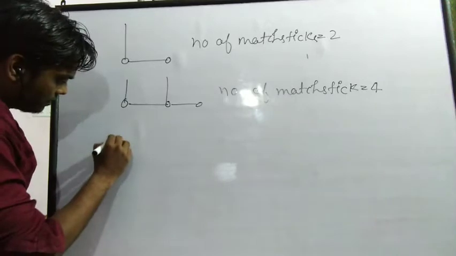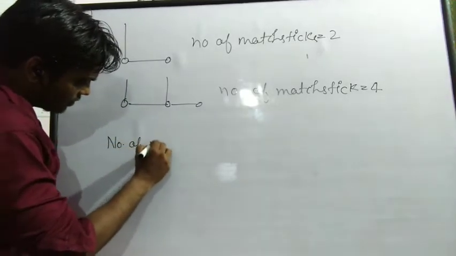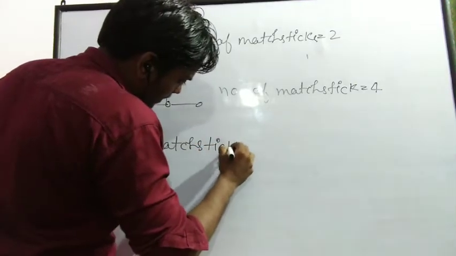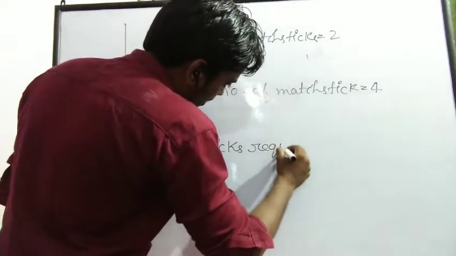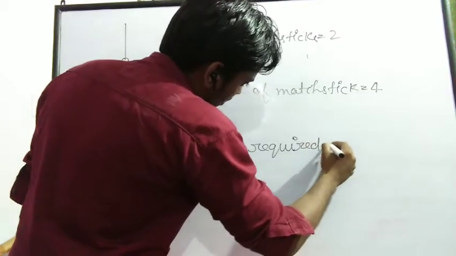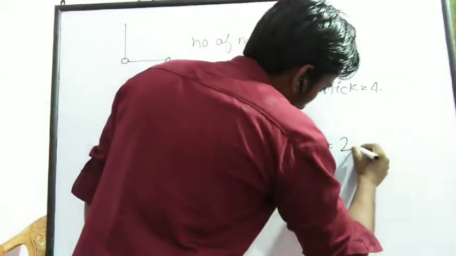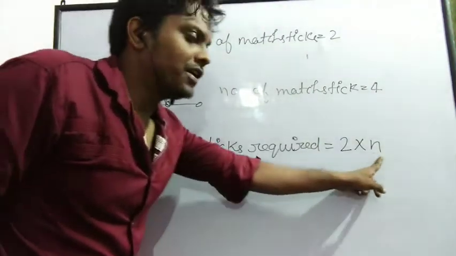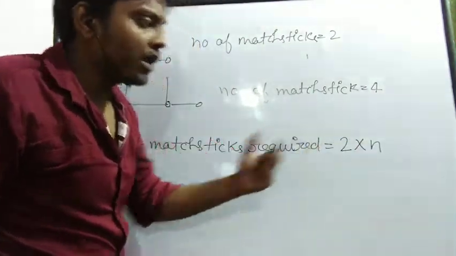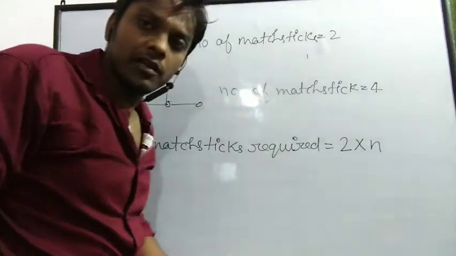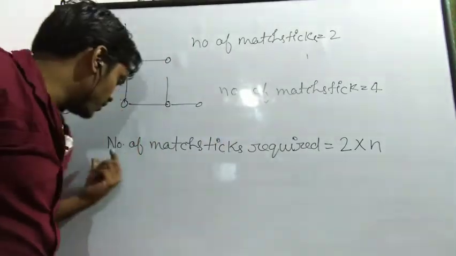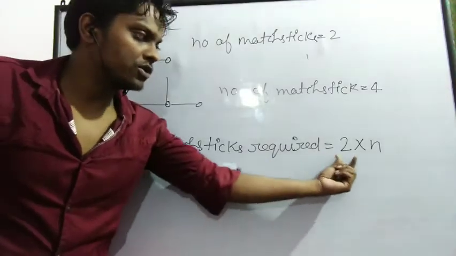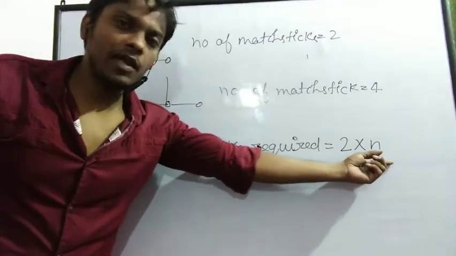The number of matchsticks required is equal to 2 multiplied by n. How can you say that? The formula for the number of matchsticks required is 2 multiplied by n.